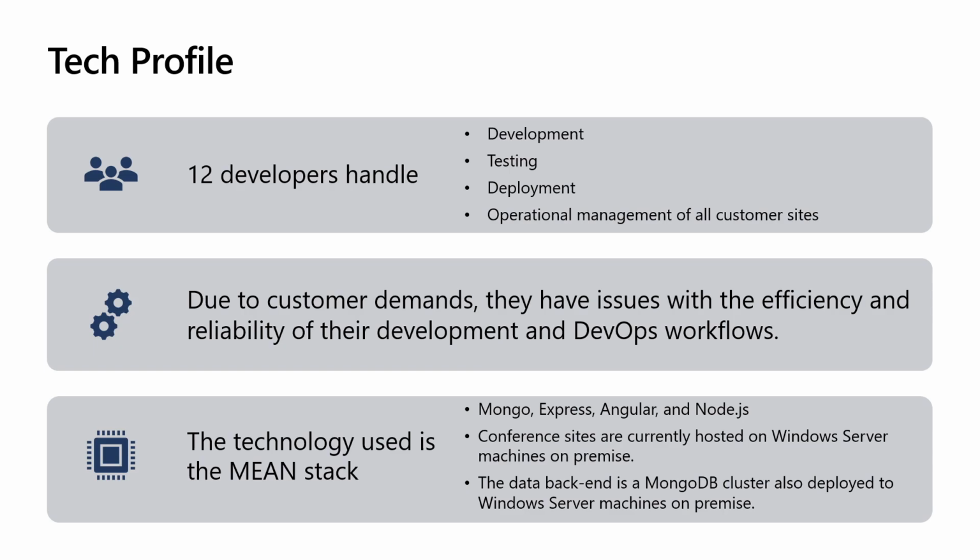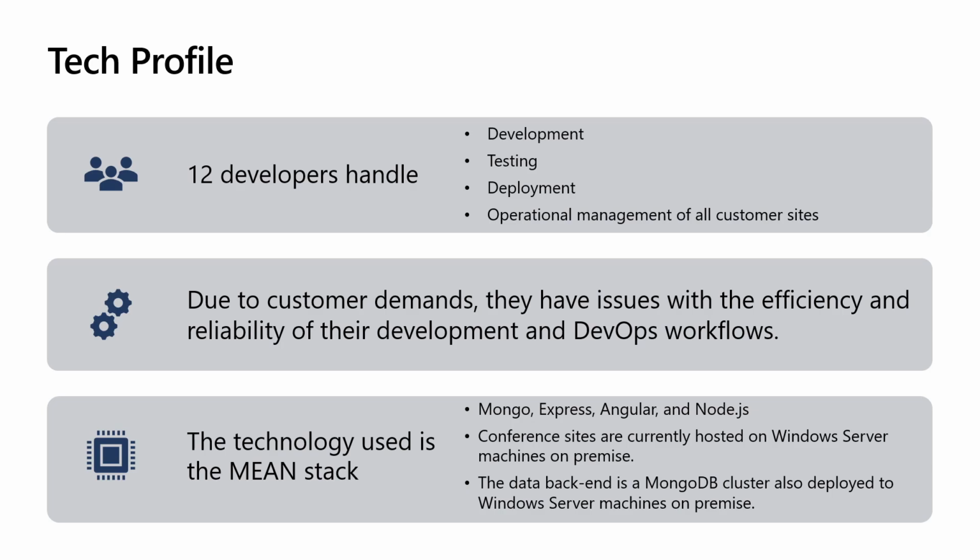If you look at the tech stack they're using, there are 12 developers who are handling development, testing, deployment, and the ops management of all customer sites, so it's limited staff. And since the customers are asking for more customizations in their websites, they have a number of issues with the efficiency and the reliability of their development and DevOps workflows.